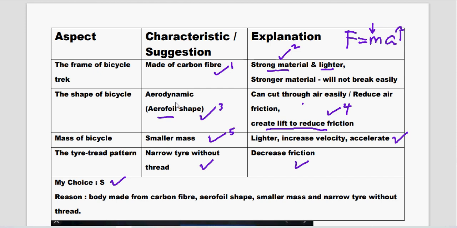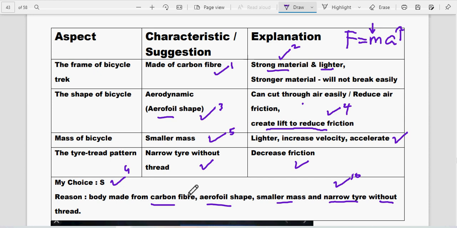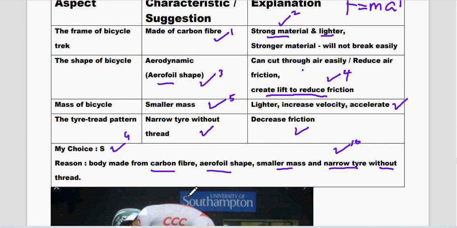So your choice, and then the reason, just follow what is given in the table. In the table, you have carbon fiber, for S, aerofoil, smaller mass, and narrow tire without tread. So that will be your tick number 10. Okay, so hopefully tomorrow in the paper, it will be easy for you to choose your best choice. Okay, Amin.